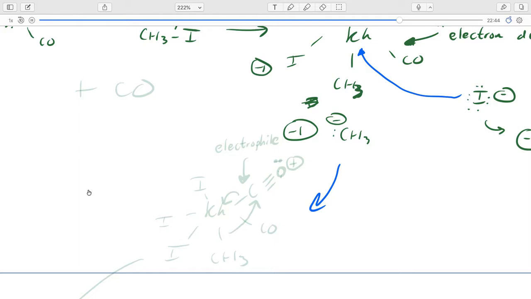Okay, so the next thing that happens is this. Now we have rhodium attached to 3 iodides, and it really doesn't matter what order you attach them in, it's all the same thing. Got methyl. Now let me draw out the CO in a more detailed way, O plus and C. This carbon is now an excellent electrophile.